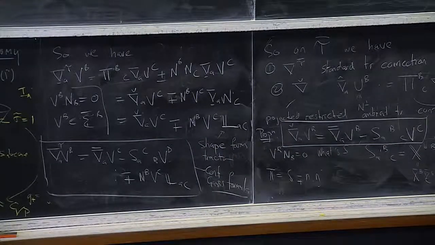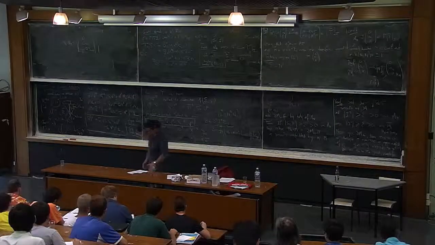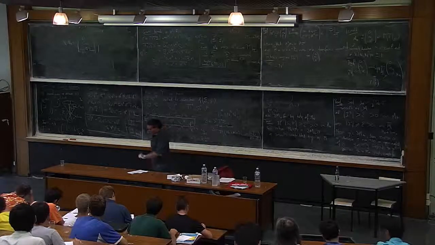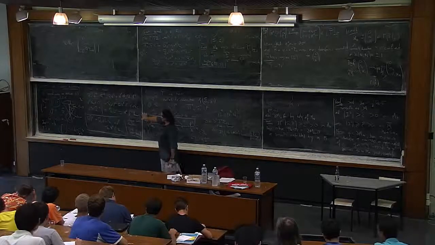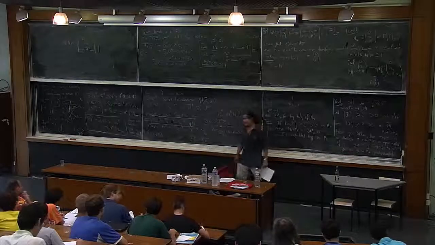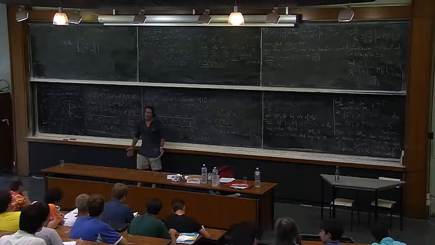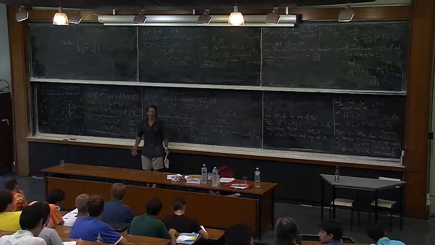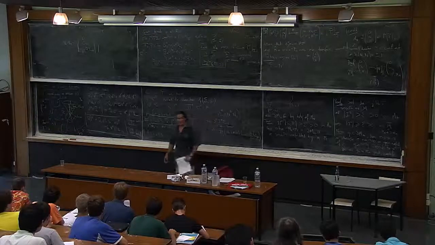Okay, that's almost all I wanted to say about this stuff, except that these are the first steps for developing a calculus for submanifolds. Suppose you wanted to construct conformal invariants of a submanifold.